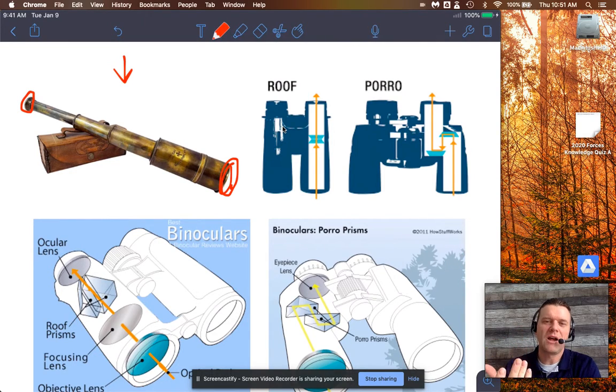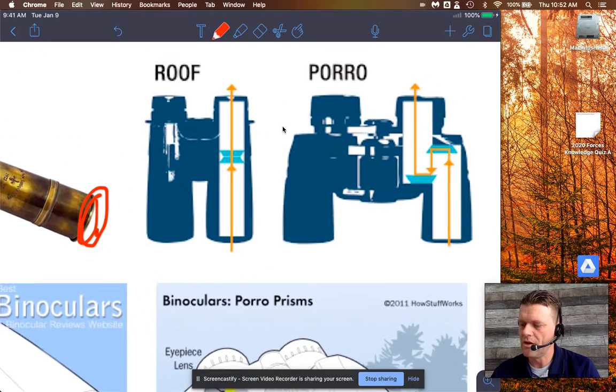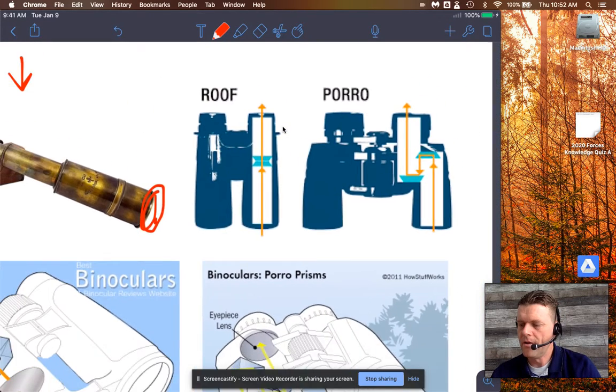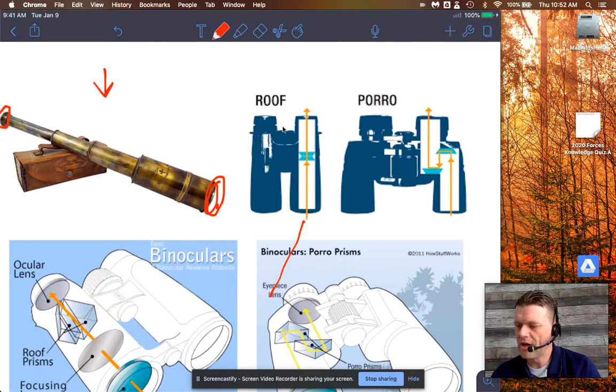If you're familiar with binoculars, there are two types of glass prisms used to shorten that distance and enable you to see things far away. The first are called roof prisms, and the other are called porro prisms. I actually have a pair of each of these. They use the same technique.